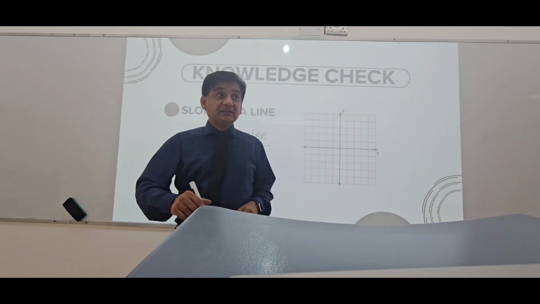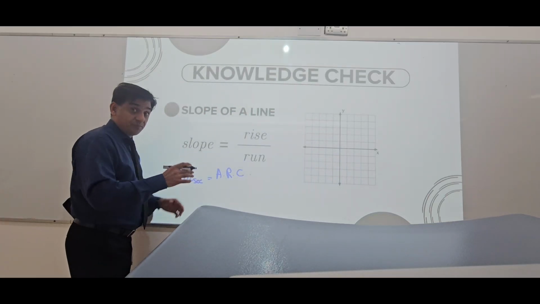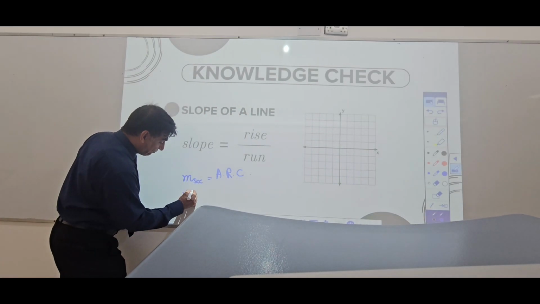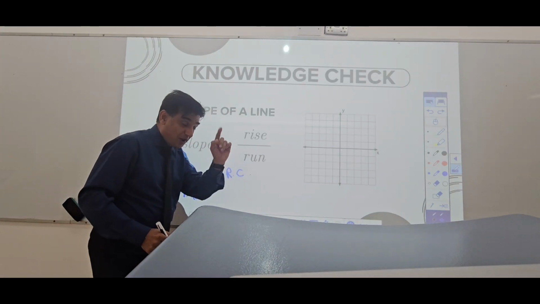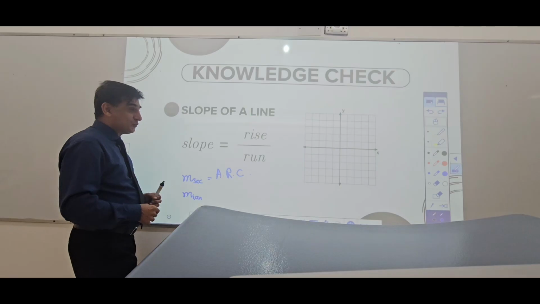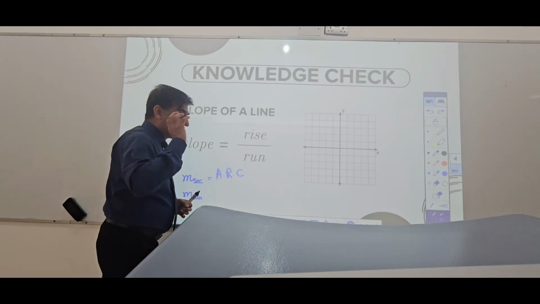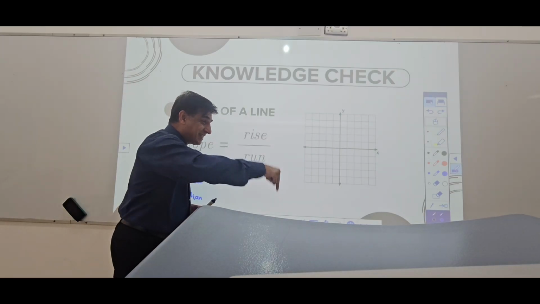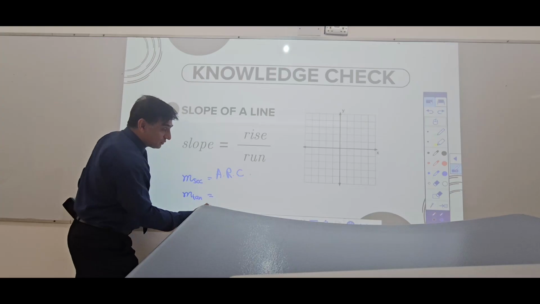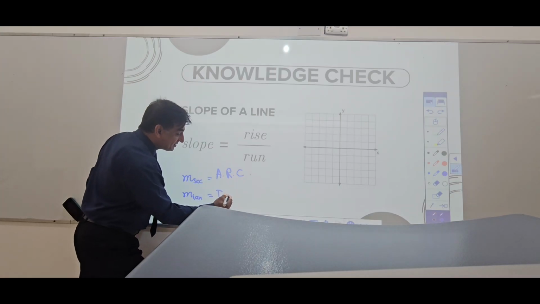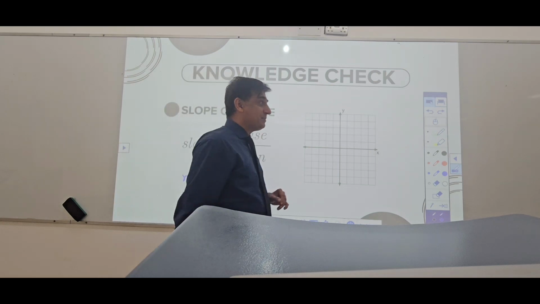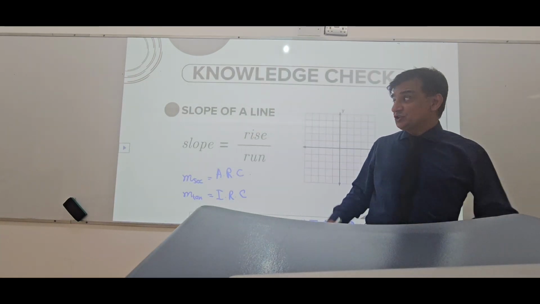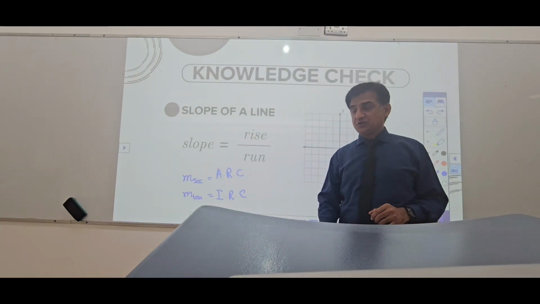So when we find the slope for the tangent line, because the tangent touches the graph at 1 point, we are basically going to find out the slope at that particular instance. That's why we call it instantaneous rate of change. So these are the two things that I want you to keep in mind, okay? Average rate of change and instantaneous rate of change.